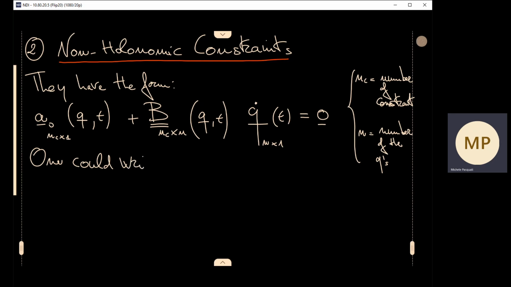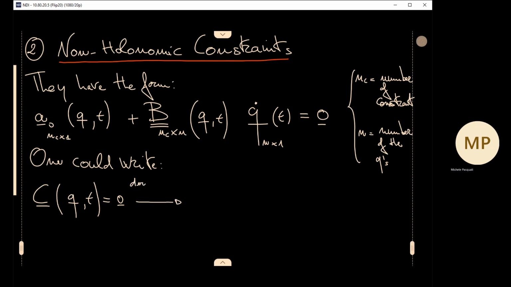What I wanted to show you is that we could write the following. Let's retake the previous form that we saw for holonomic constraints, which was like this, and let's derive it in time. If we do the total derivative with respect to time, we get the following. We have the C vector.